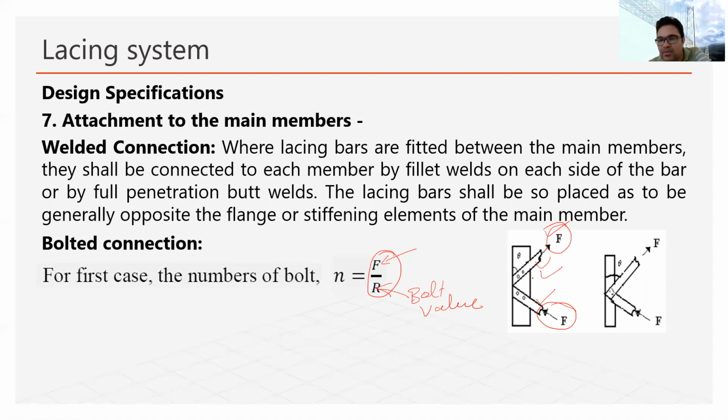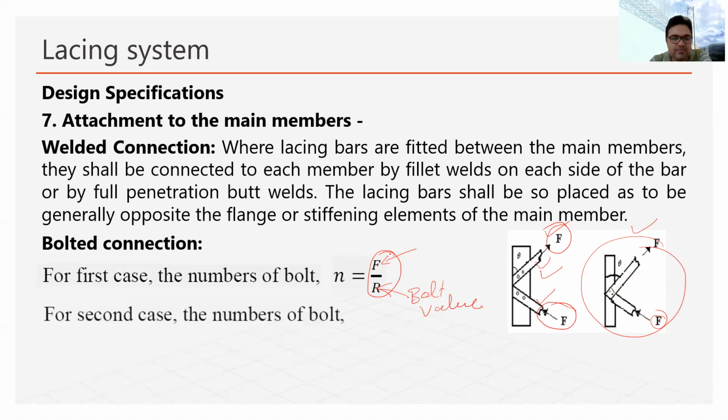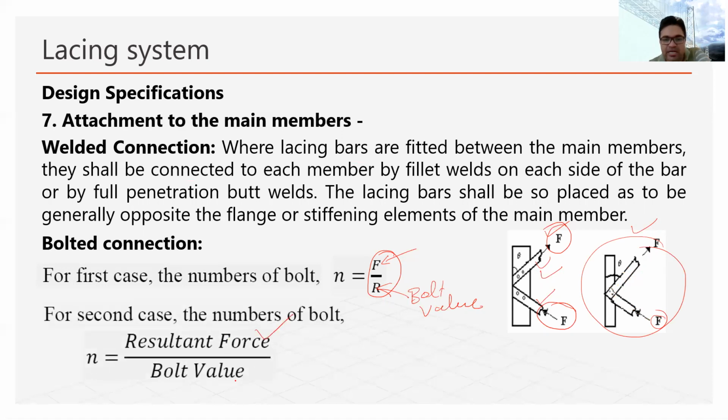In this case, you can see two lacing bars are overlapped to each other, which means this force is in continuation of this one. So ultimately, first we have to find out the resultant of the force, and then the number of bolts: we divide that resultant force by the bolt value.